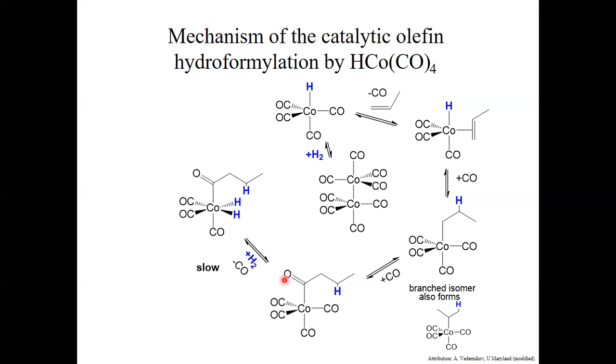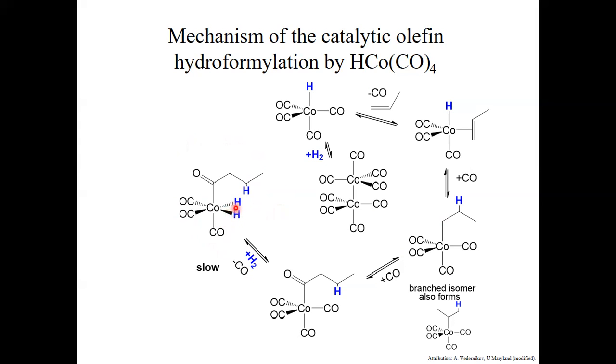So now in the next step, we can add hydrogen. So we can add hydrogen, sorry, in an oxidative addition step, and we can at the same time lose a CO, and that produces then this complex here.